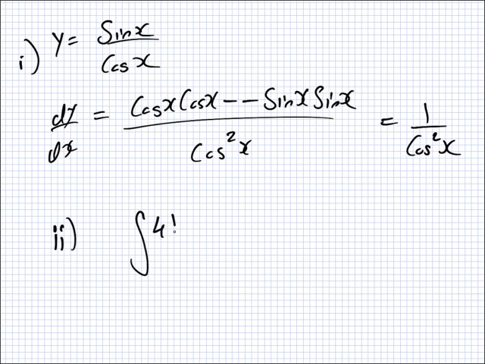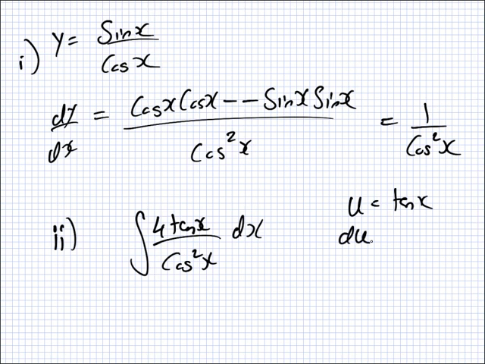Integrate 4 tan x over cos squared x dx, and they tell you u equals tan x. So what does du dx equal? 1 over cos squared x. So what does dx equal? Cos squared x du.